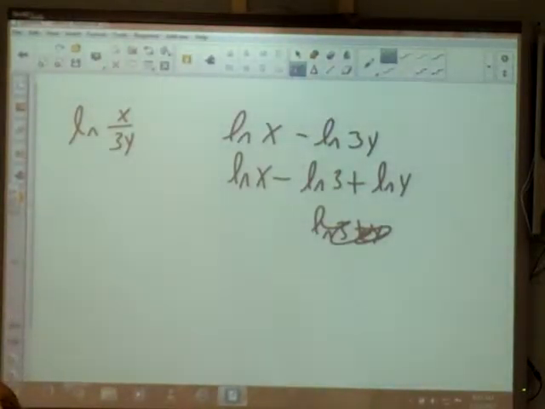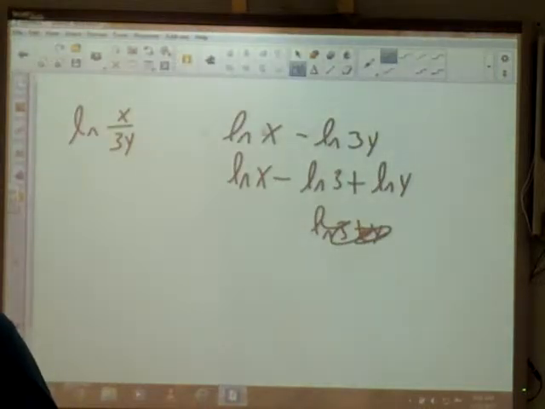Yes, ma'am. What is that, natural log of 3 with natural log of y given the parentheses? Or are we just subtracting the natural log of 3? That's a very good point. The way I have it written, you would not. So we do need to put parentheses on that. You are correct.